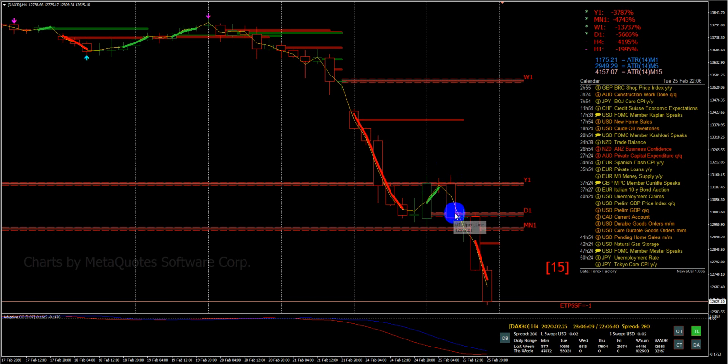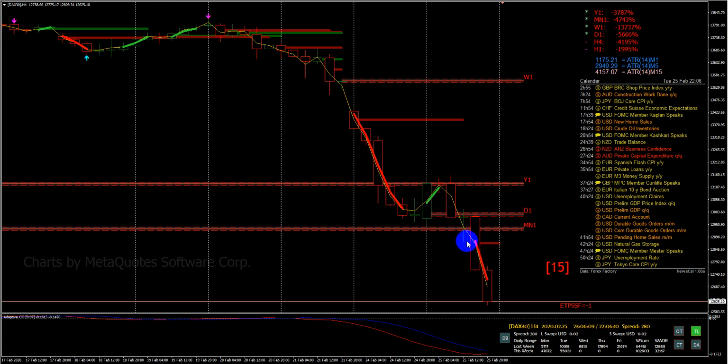The first stopping point was at the level of the daily Dada's pivot, and then it again respected this level as resistance, and again it bounced off somewhere around the monthly Dada's pivot.